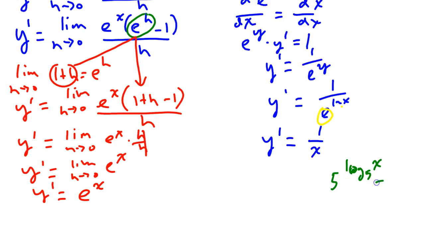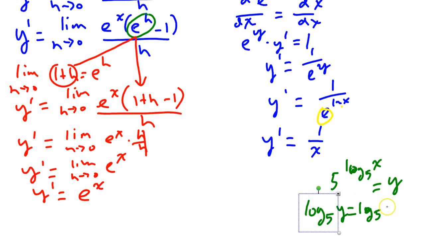Well, let's take a look at this. If I wanted to set this equal to some other variable, call it y, and I'm going to rewrite this in now log form, wouldn't I get log base 5 of, well, if this becomes the base of my log, doesn't my exponent become the answer and the y becomes my argument? So doesn't it say log base 5 of y has to equal the log base 5 of x, right?